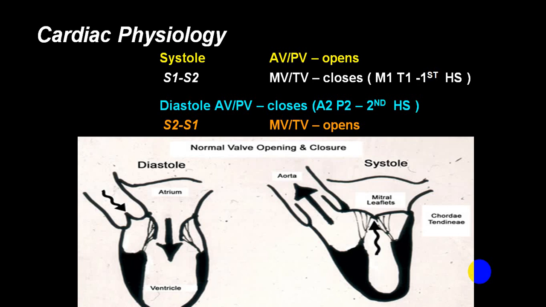You will have opening of the mitral and tricuspid valves after the second heart sound, and then the mitral and tricuspid valves close, producing the first heart sound, followed by opening of the aortic and pulmonary valves, which is the beginning of ventricular systole.